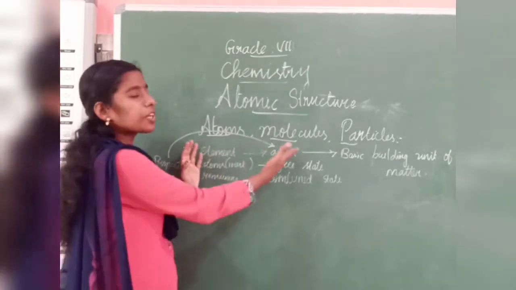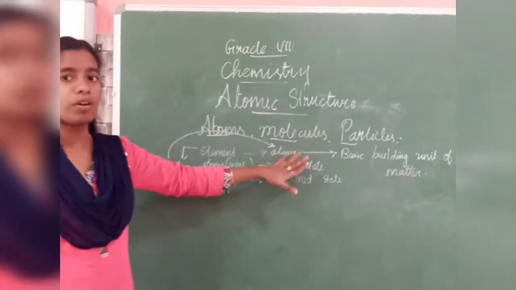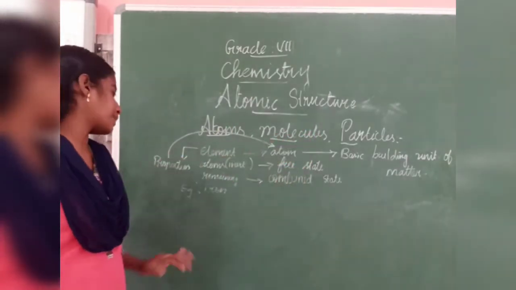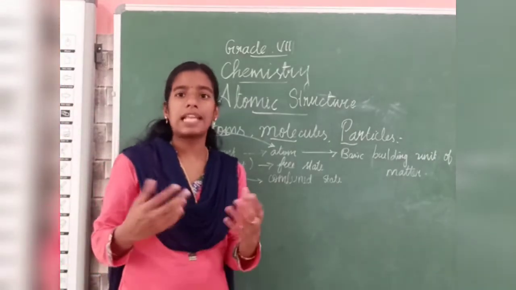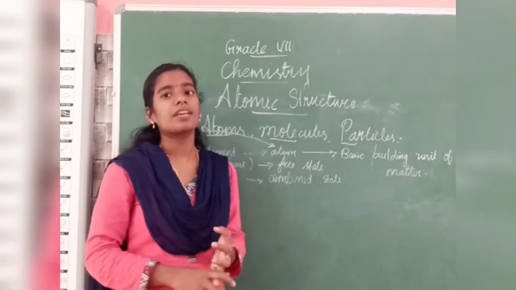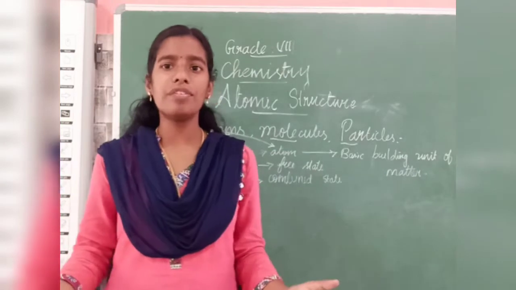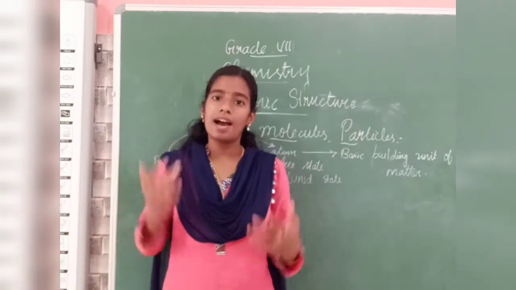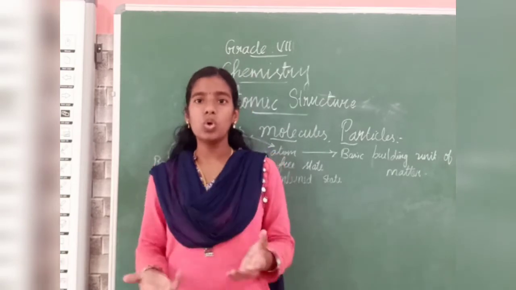Because this element is made of atoms. So, the properties of the element depend upon the properties of atom. For example, gold is an element, iron is an element. The iron is purely made up of atoms of iron. Gold is made up of atoms of gold.